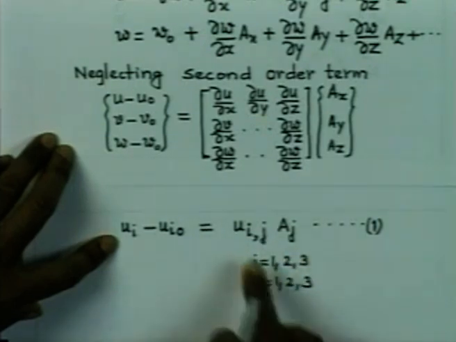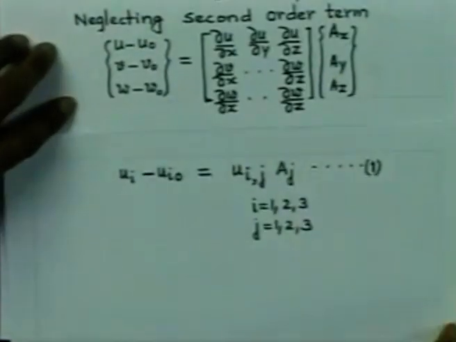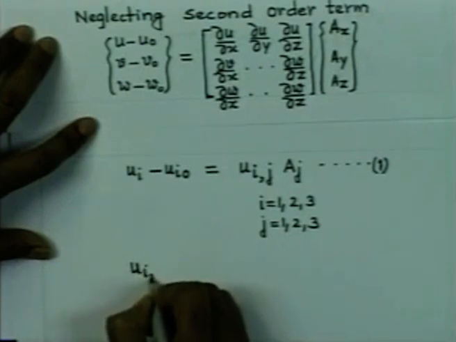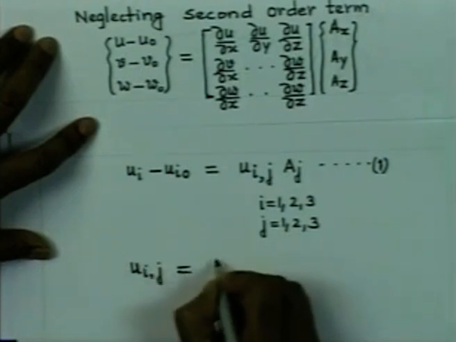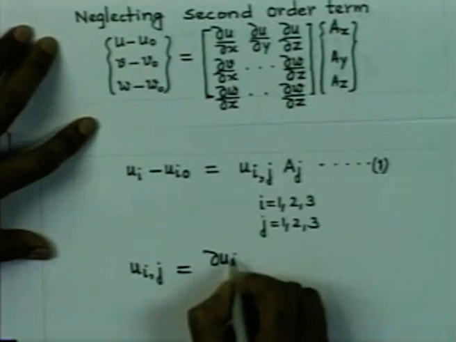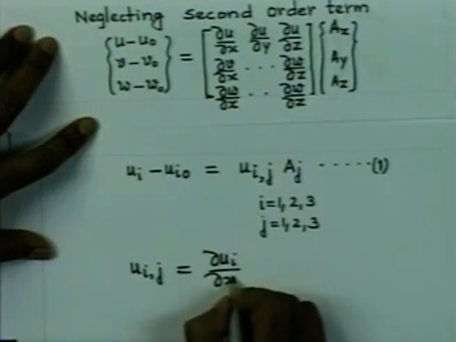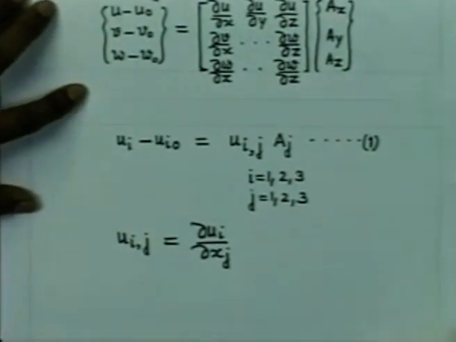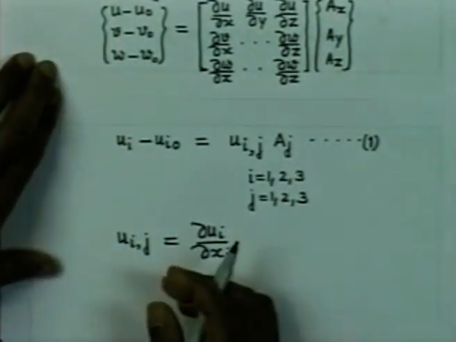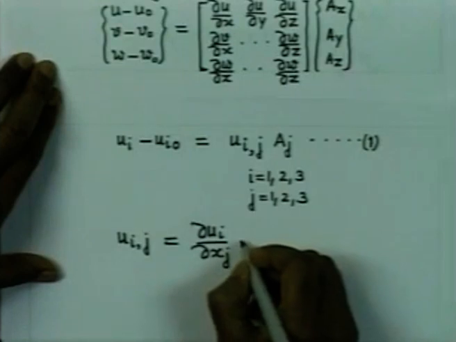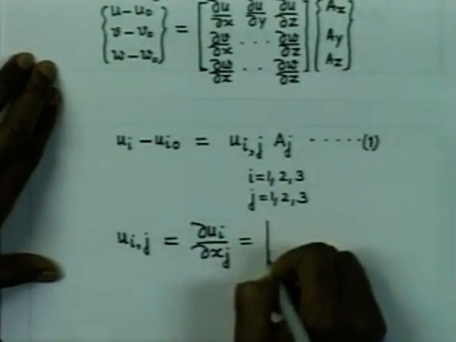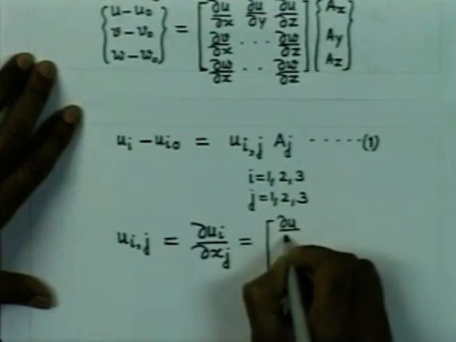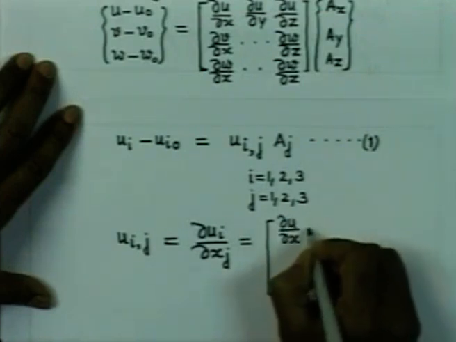So, therefore, ui comma j is nothing but delta ui delta xj, and here we have all the 9 derivatives, and this is nothing but the expanded form which we have given earlier.